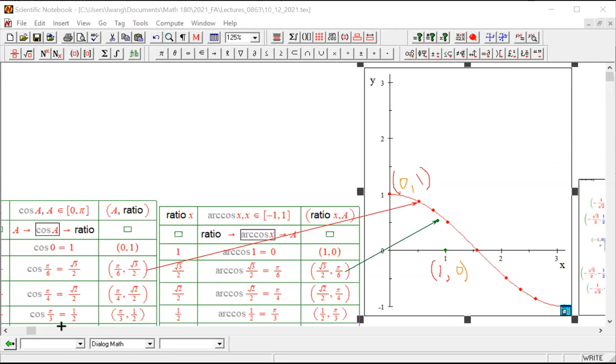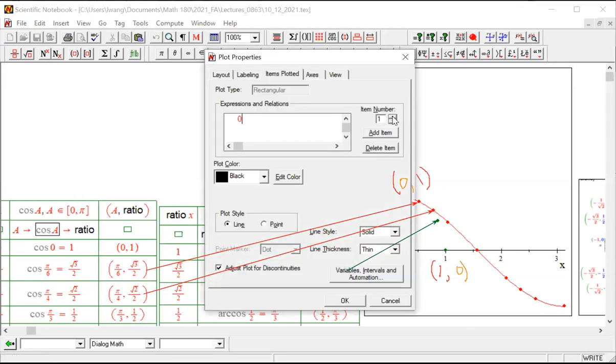Okay, for example, for pi over 4 to root 2 over 2, it's right here. And after the swap, what do we get? Oh, we haven't plotted that point yet. Okay, so let me plot that point. Is it going to be a green dot?